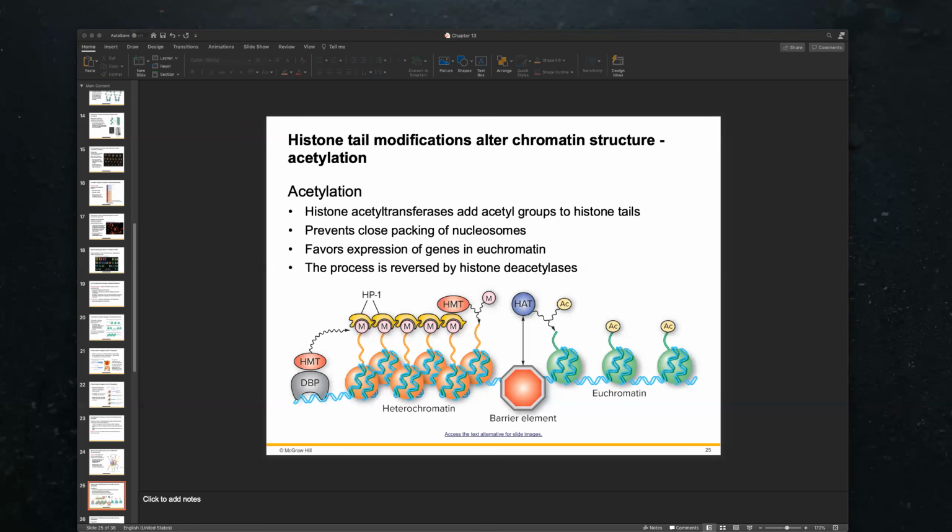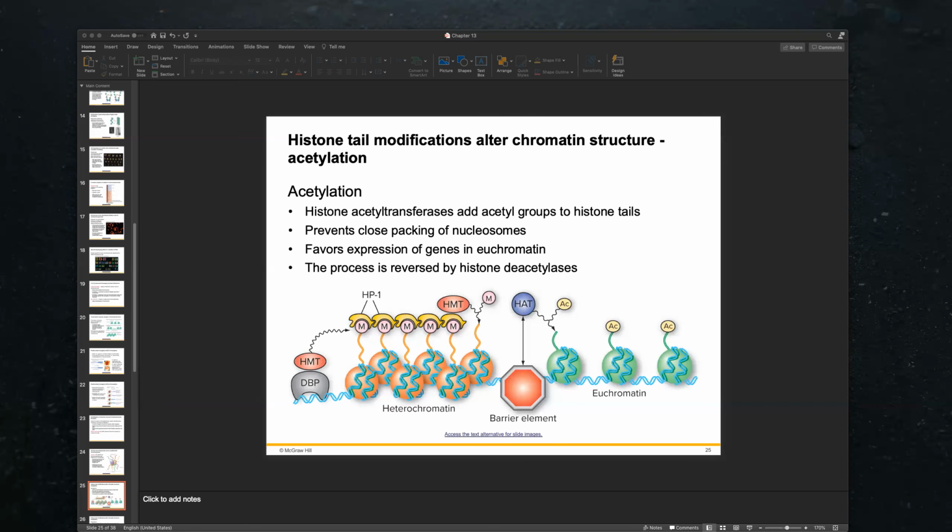I can't, but basically it's a carbon with a double bond to an oxygen, like a carbonyl, and then another carbon, like a methyl group. That's an acetyl group. It adds that group to the tails of the histones, and what it does is it prevents the close packing of nucleosomes.